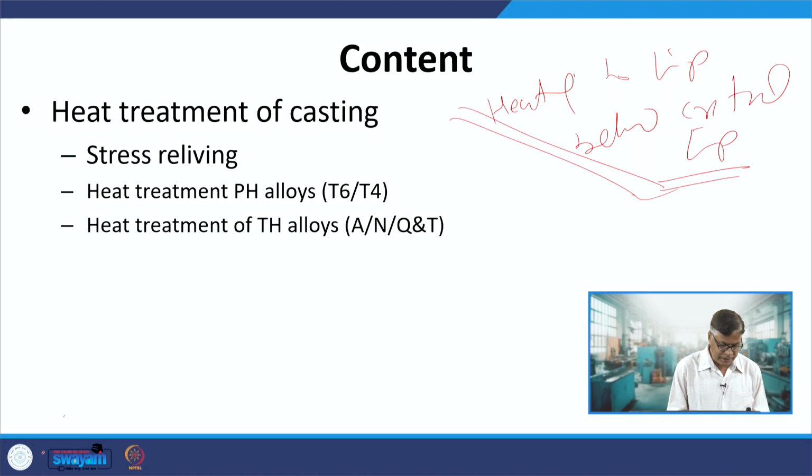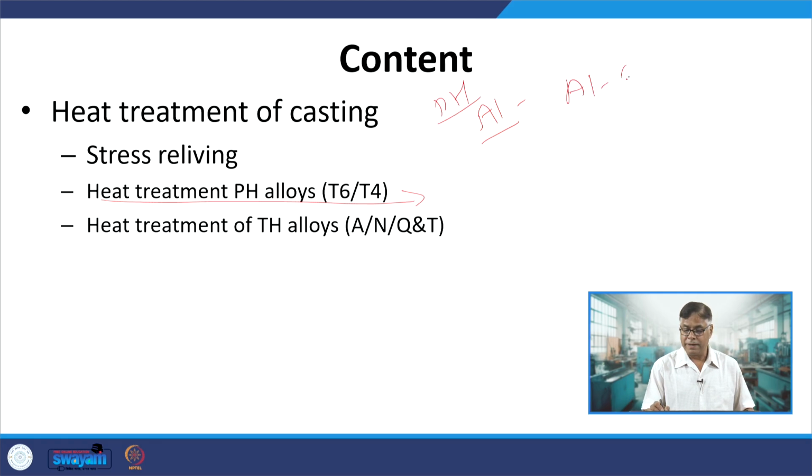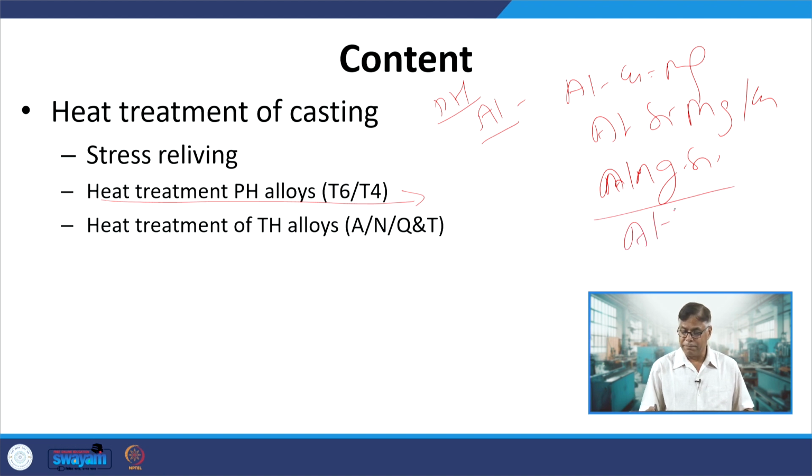As far as the other type of heat treatment is concerned, this is especially true for precipitation hardenable aluminum alloys, like aluminum, copper, magnesium type, or aluminum, silicon, magnesium, copper type, or aluminum, magnesium, silicon type, or aluminum, zinc, magnesium.